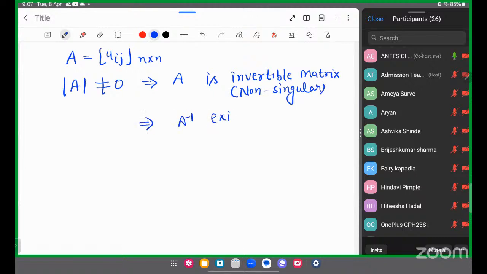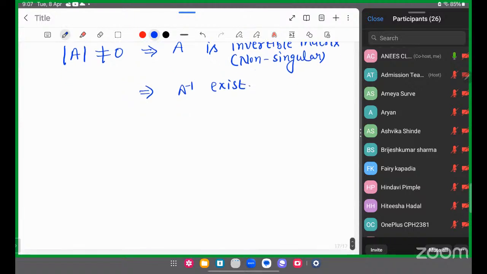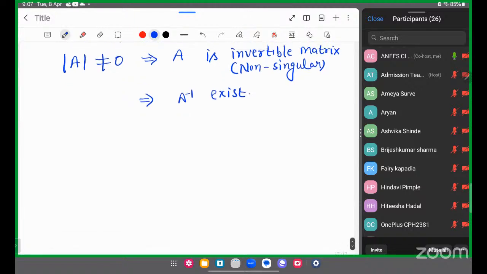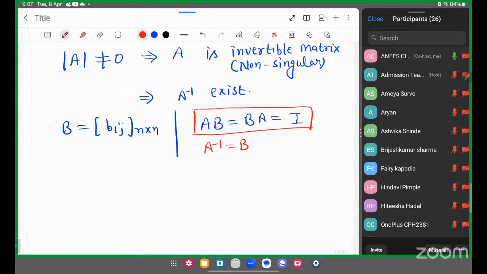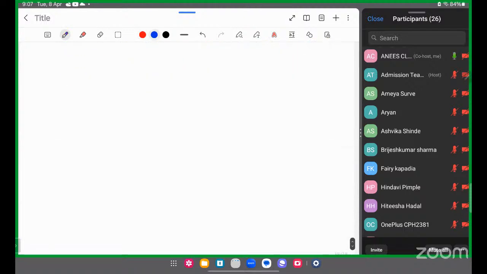If A inverse exists, there has to be another matrix B, Bij of order n into n, such that AB is equal to BA is equal to identity matrix. If this is the case, we say that B is the inverse of A and A is the inverse of B.